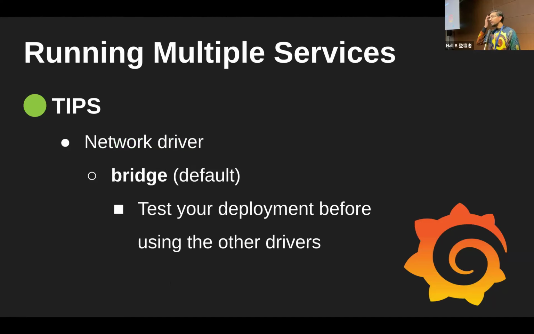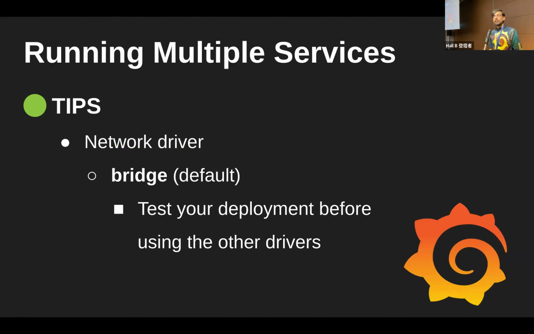Network driver. This is definitely a very interesting one. The default Docker driver is bridge and it works smoothly. And in some cases, which I also struggle with, a user says that they have this Docker compose that is not able to work with Grafana, and when I look at the compose file, it has a lot of sections, like some custom network driver names, and they are using ones which are defined by Docker.